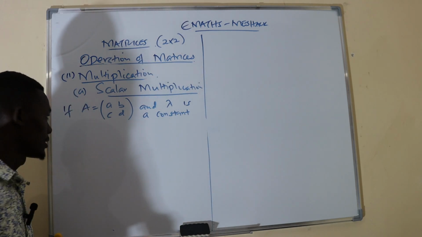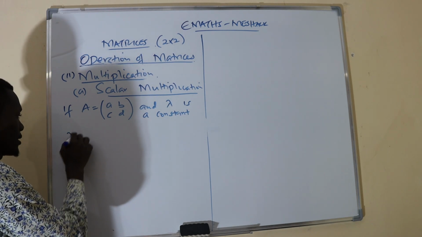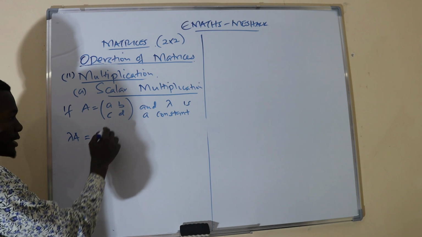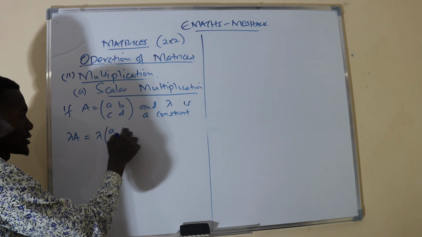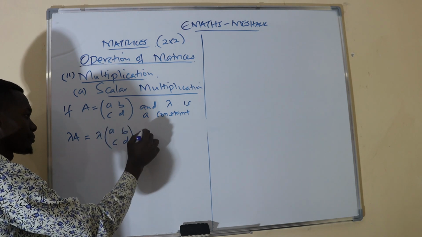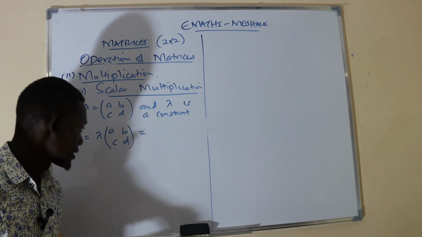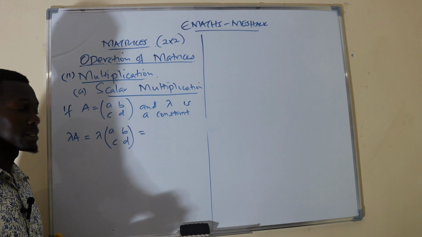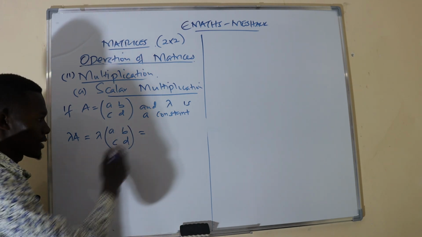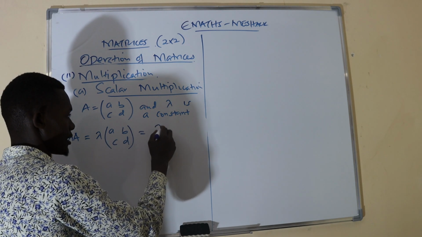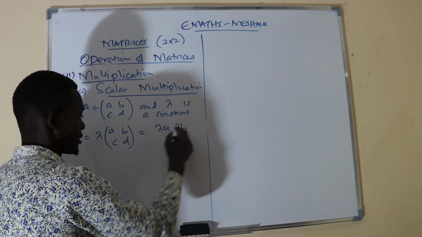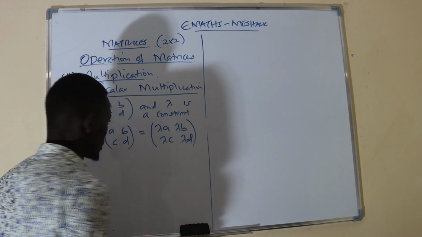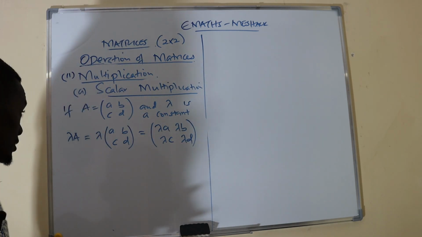Then we know one thing, that lambda A will be written as lambda, which is a constant, then the matrix A, B, C, and D. Now this constant here will multiply every element inside the matrix. So the result for this shall be given as lambda A, lambda B, lambda C, lambda D.